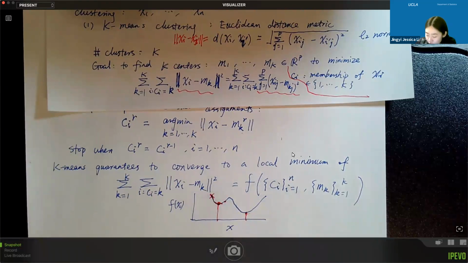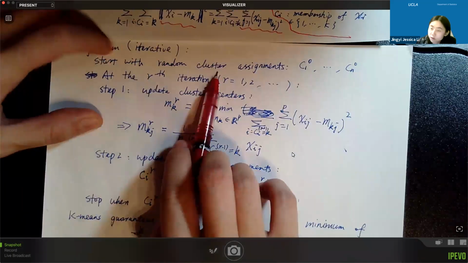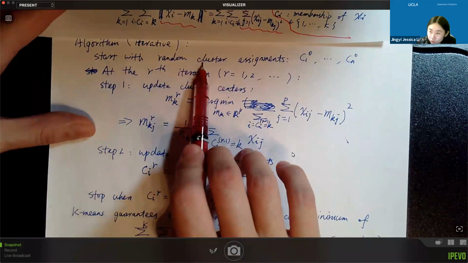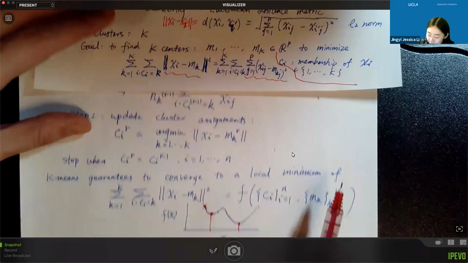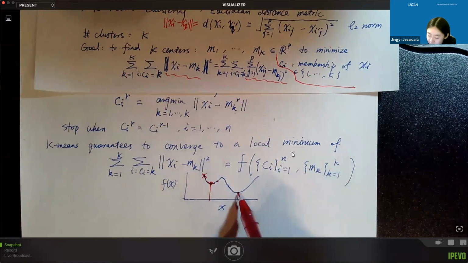So to address this issue, the only way is to use multiple random initializations. That's why in the R function kmeans, you can see that its default is to do 10 random initializations, in the hope that for at least one initial randomization, you can capture this global minimum.